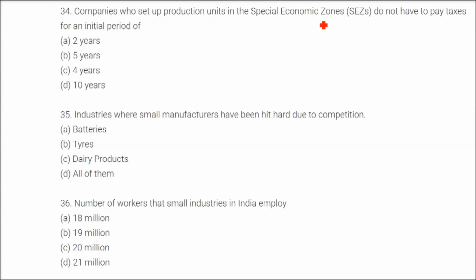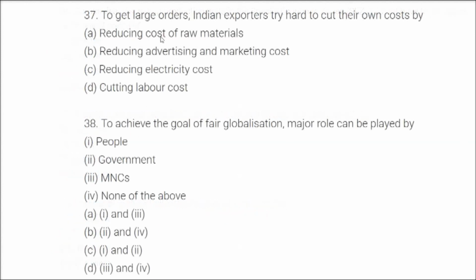Companies who set up production units in the special economic zones do not have to pay taxes for an initial period of 5 years. Industries where small manufacturers have been hit hard due to competition: batteries, tires, dairy farms, all of them. The number of workers that small industries in India employ is 20 million.